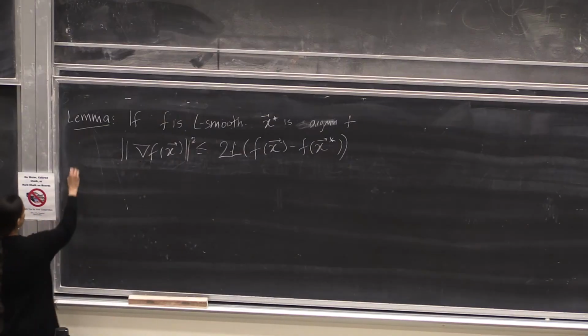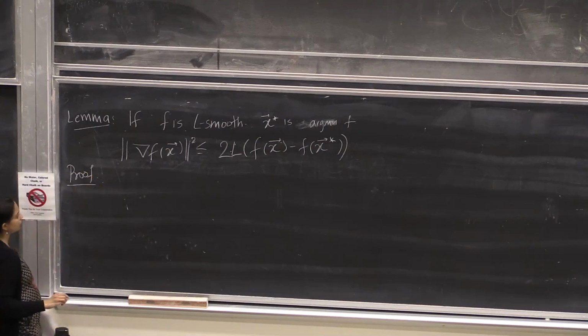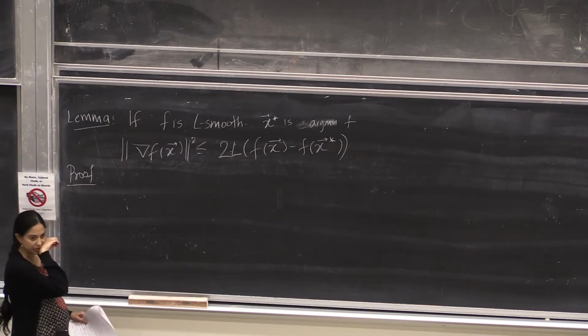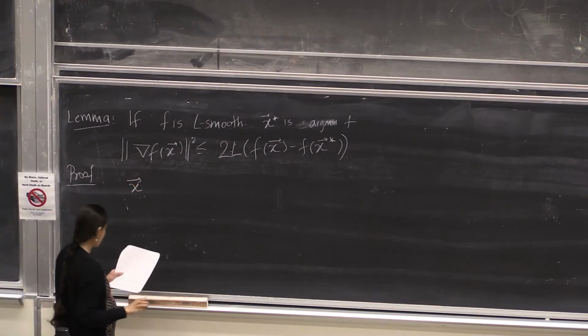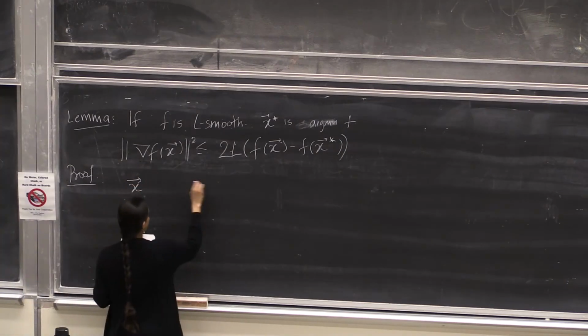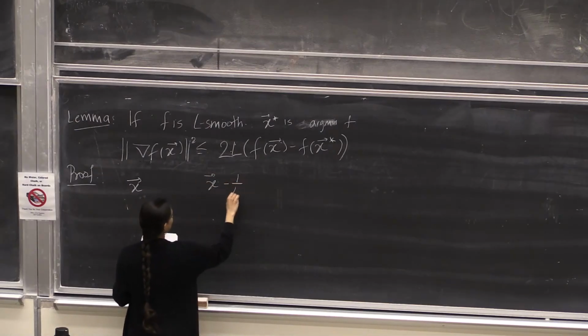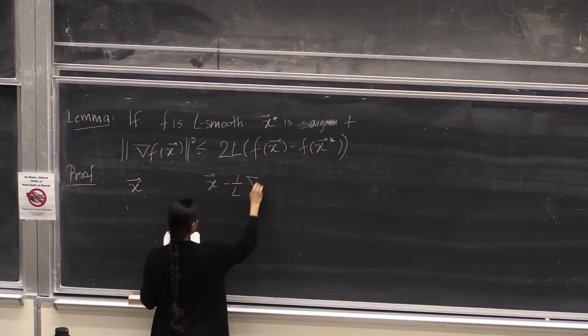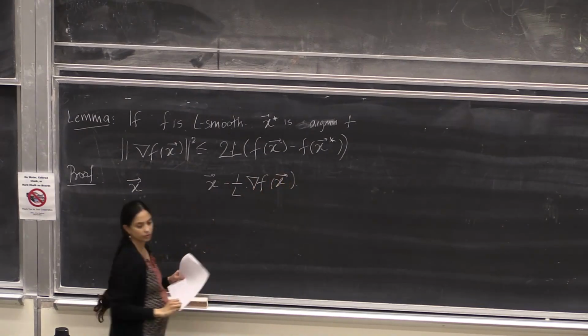So the way I'm going to do this proof is I'm going to consider two different points. I'm going to consider my vector x, and I'm going to consider the vector x minus 1 over L gradient of f of x.